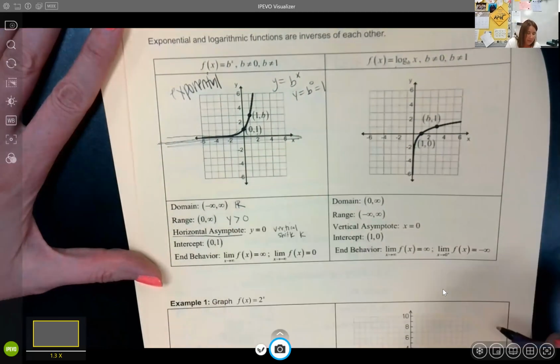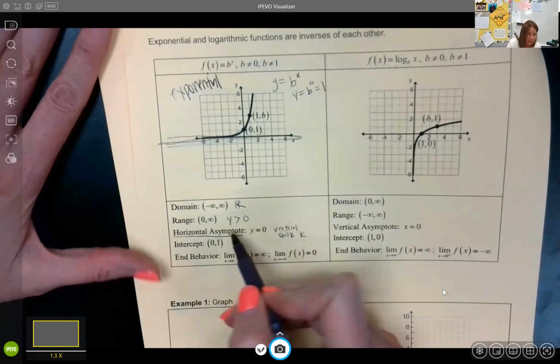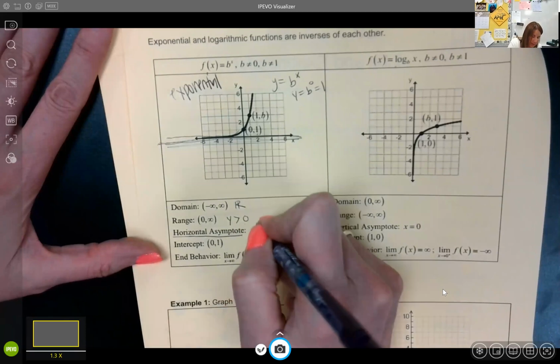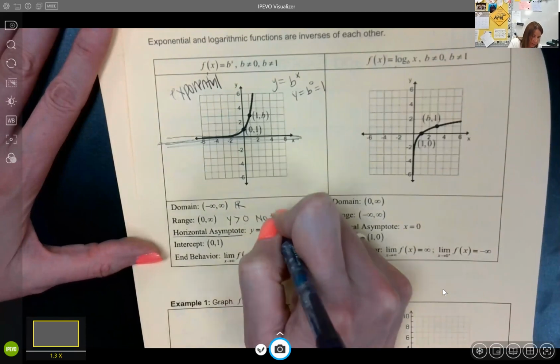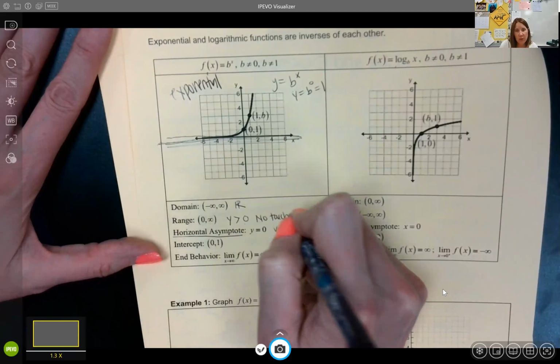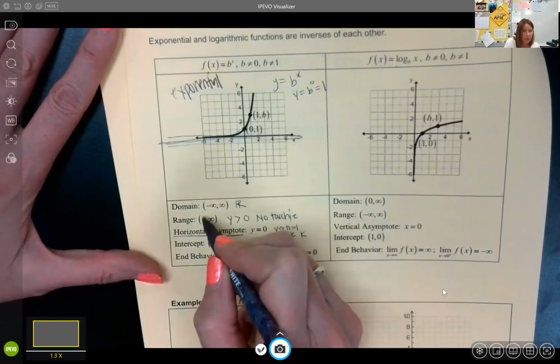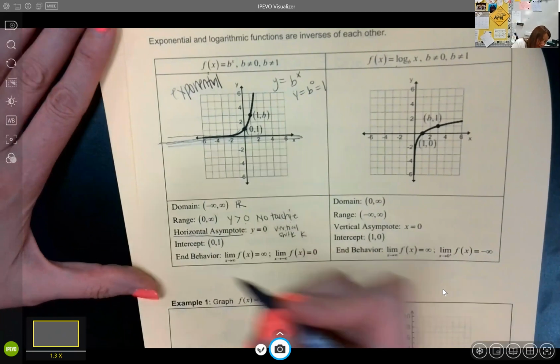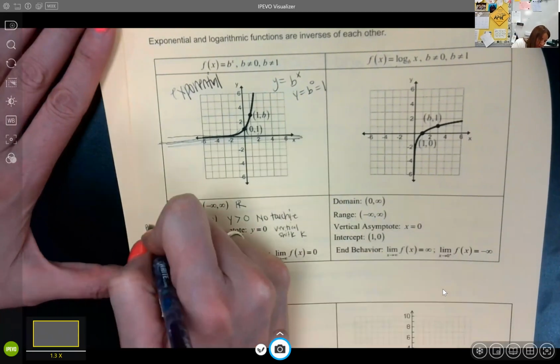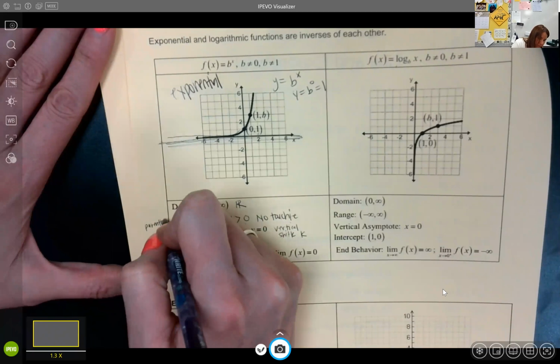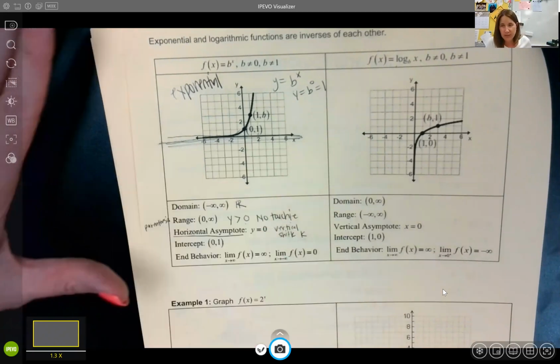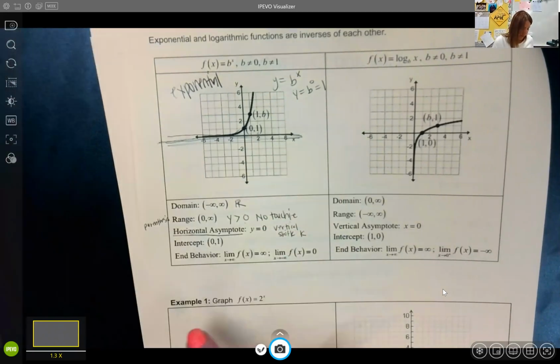Now I want you to notice that 0 is the asymptote and I don't touch. Remember, no touchy on the asymptote. So I do not draw a line underneath, I do not do a bracket. The range has to be a parenthesis. That says parentheses, if you can't tell, it's pretty small.